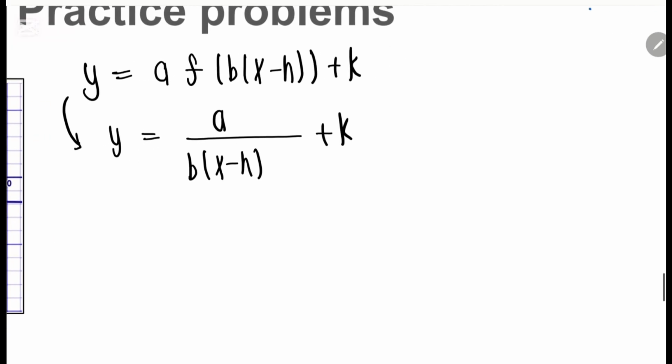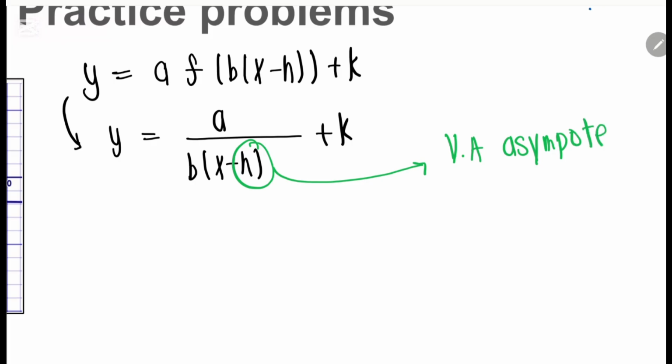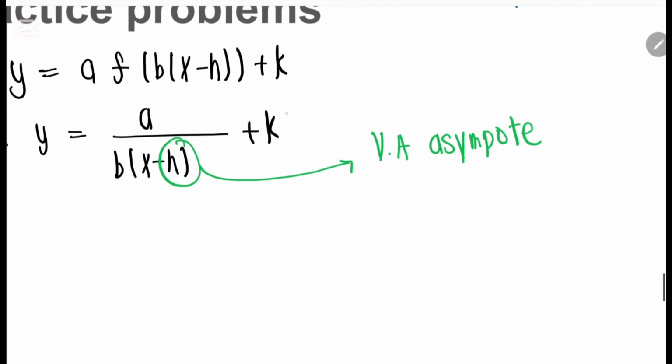And h is no longer a vertex. This is the vertical asymptote, because a reciprocal function doesn't really have a vertex. Okay, so that's going to be a vertical asymptote, and k is going to be the horizontal asymptote.